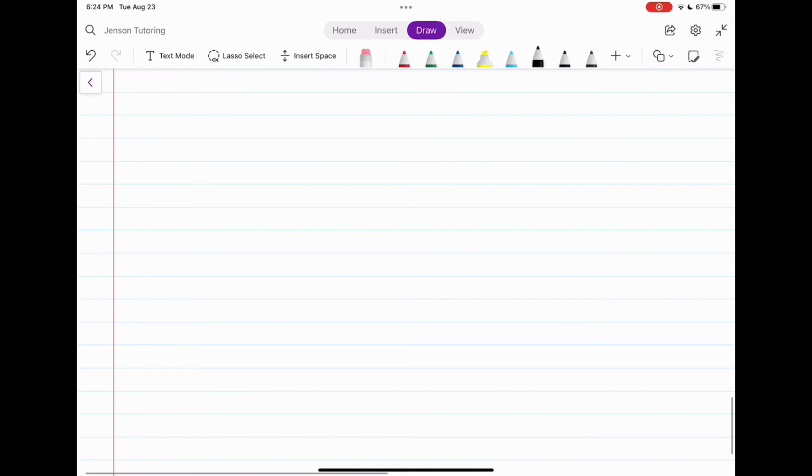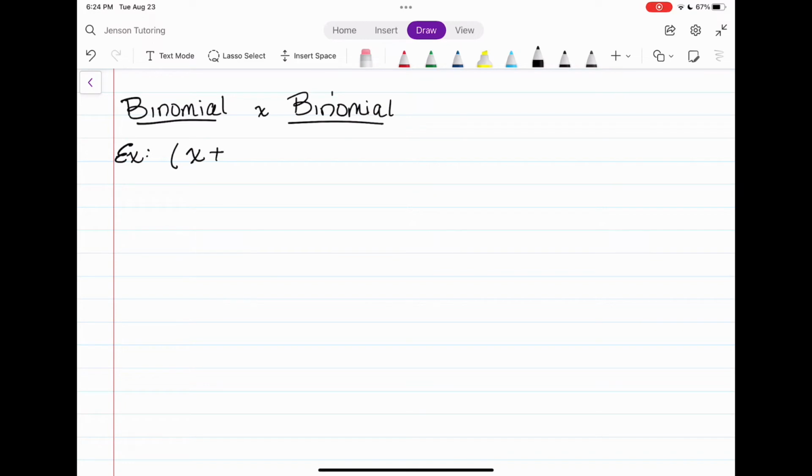Okay, so moving on, we'll do some more examples here. So how about a binomial times a binomial? So that's when we have these set of two terms, each in parentheses, and you'll remember the acronym FOIL.